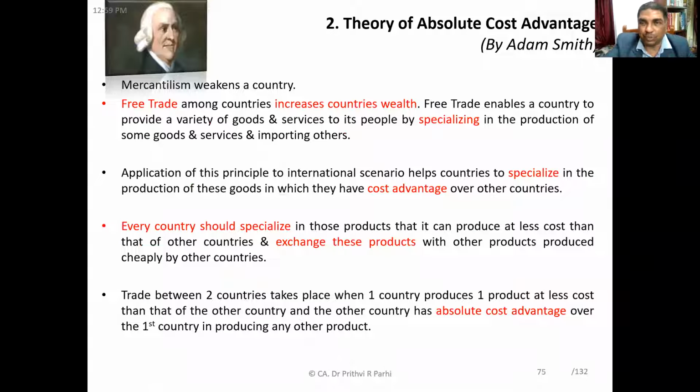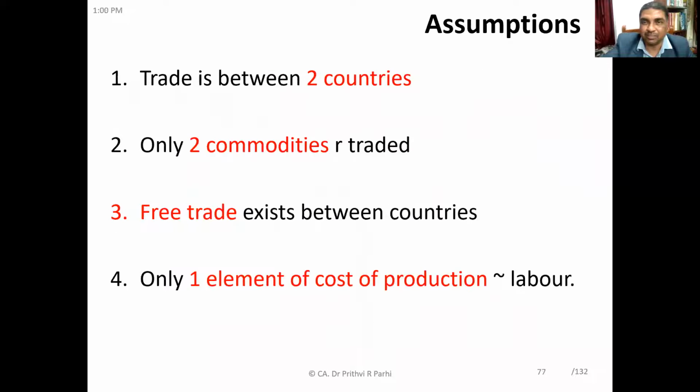Then the theory of absolute cost advantage was suggested by Adam Smith. He suggests that you find out the goods whose production is absolutely cost advantageous. So one country should focus on the production of those goods and import other goods. That is what the theory of absolute cost advantage suggests.